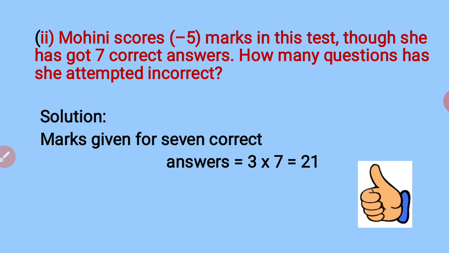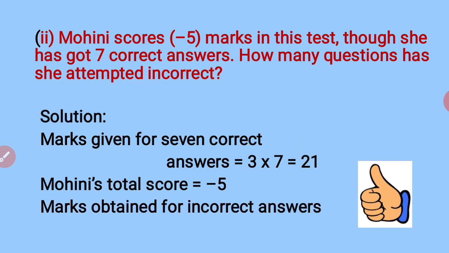So the in all score for her is 21. But she has got -5. That means there is loss of marks. She should have got 21. She has got -5. So the loss is there, and we are now going to find out the loss.